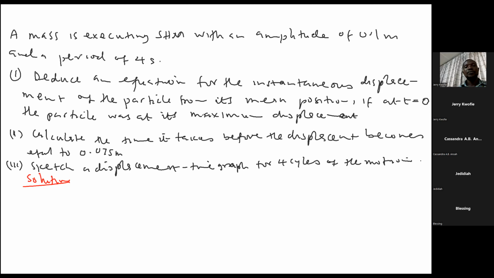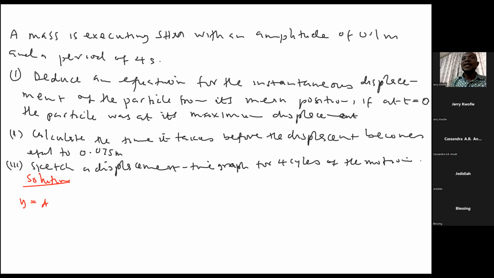I think that we'll have to use the equation y is equal to a cos theta. You seem not to be sure, but that is correct. We have two equations for the displacement. One of them is y equal to a sine omega t.